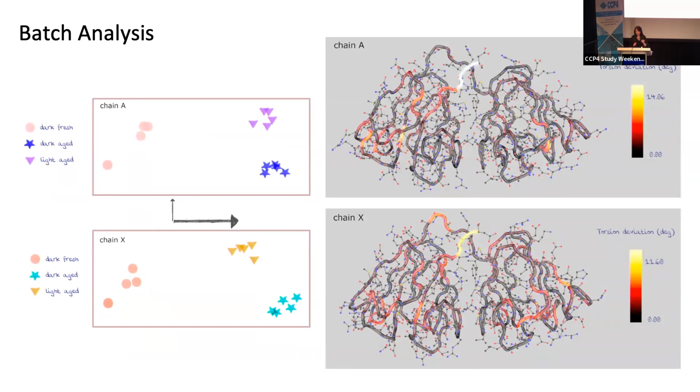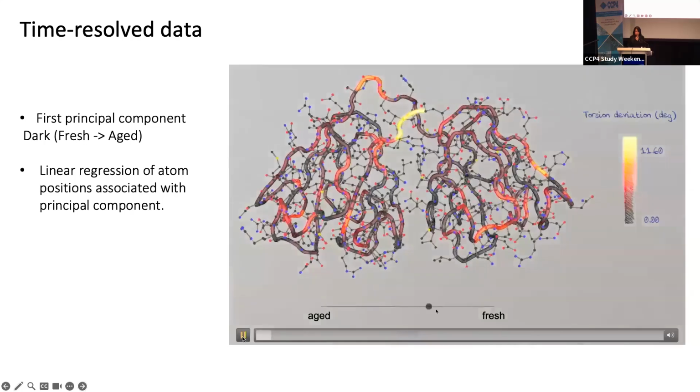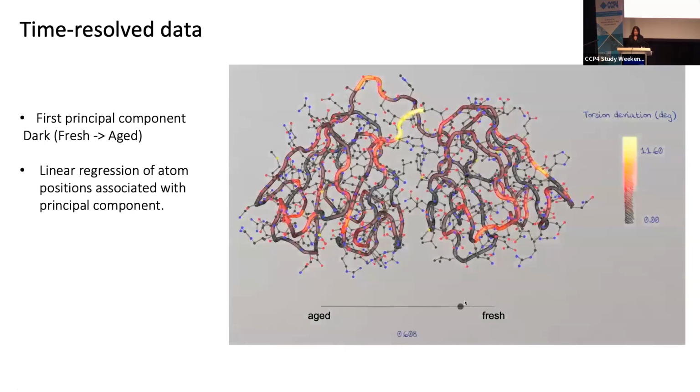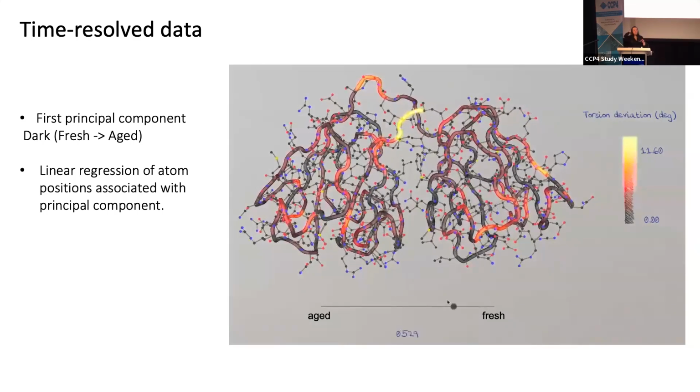We can see in certain places there are quite large deviations in the torsion angles, and there are some important regions where we can see movement in loops. Then by doing a linear regression of our atom positions associated with the principal component, we could see that upon aging, we get a contraction of the protein. This is quite interesting. We're starting to see dynamics are associated with this process.